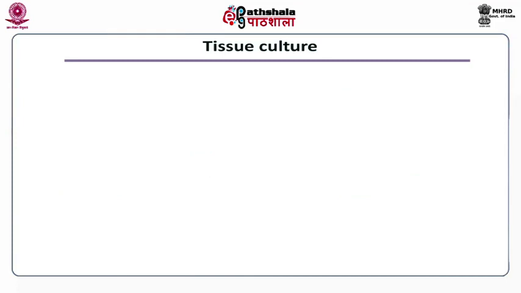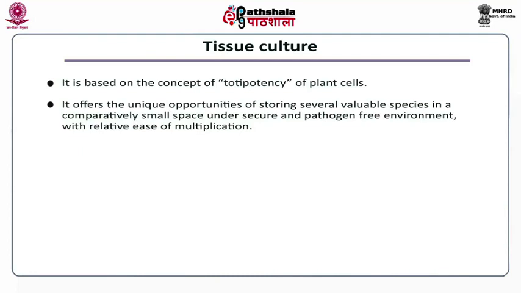Then tissue culture is another technique that can play an important role in biodiversity conservation. It is based on the concept of totipotency of plant cells. It offers the unique opportunity of storing several valuable species in a comparatively small space under a secure and pathogen free environment with relative ease of multiplication.